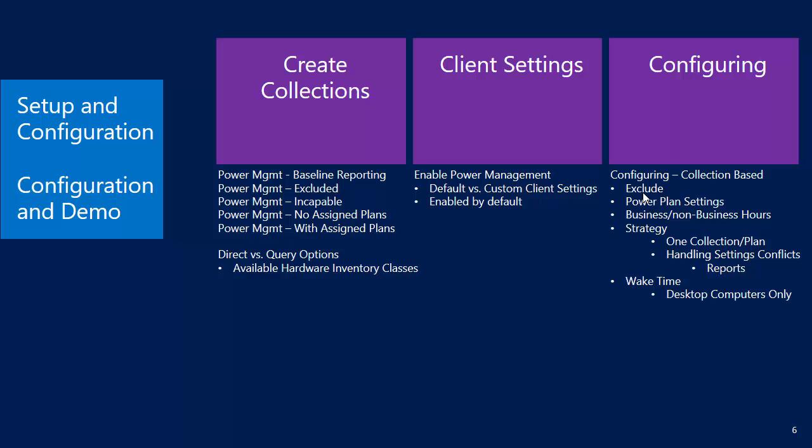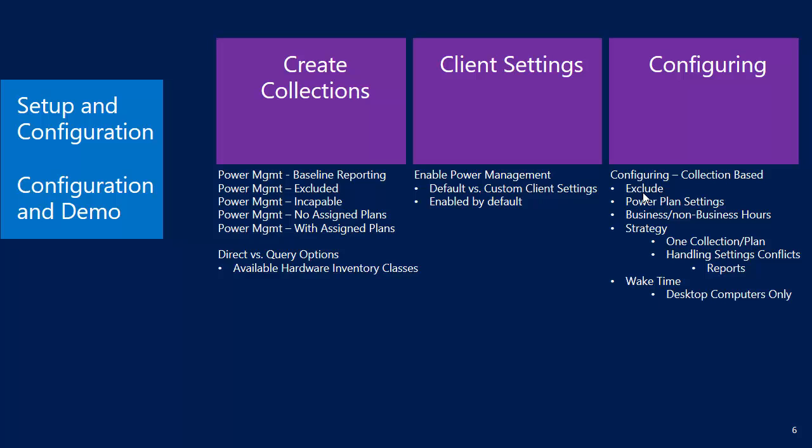Again, there's a number of ways that we can set up our collection based on needs, but the idea, I'll say it this way, you don't want a machine to get more than one power plan setting, generally, right? I can't really imagine a scenario where you would. Okay, sometimes it can happen by mistake, and we handle those kinds of things.